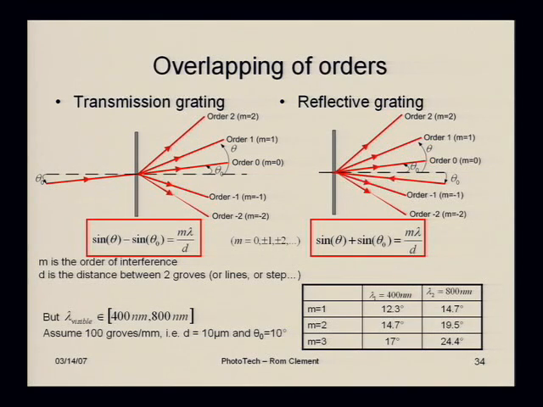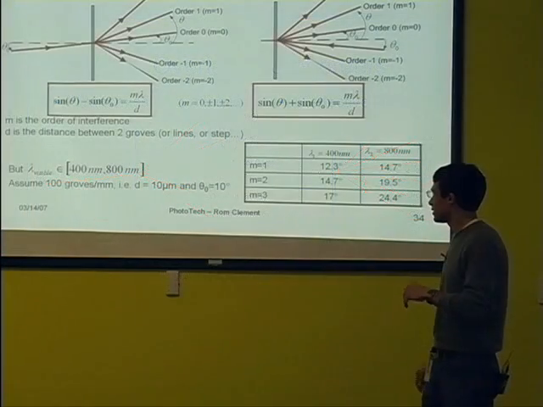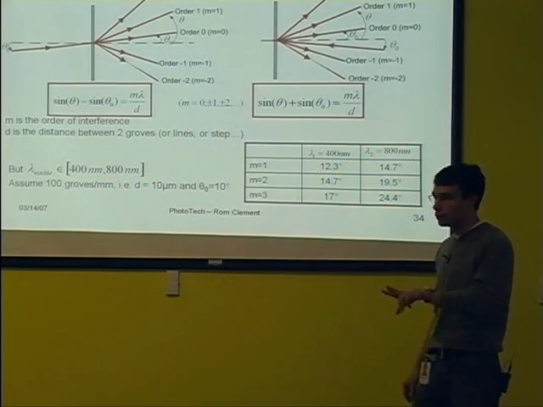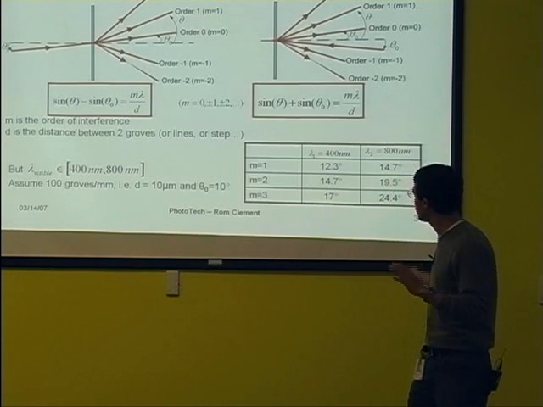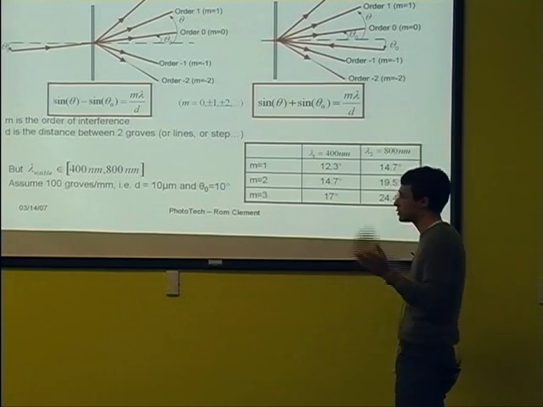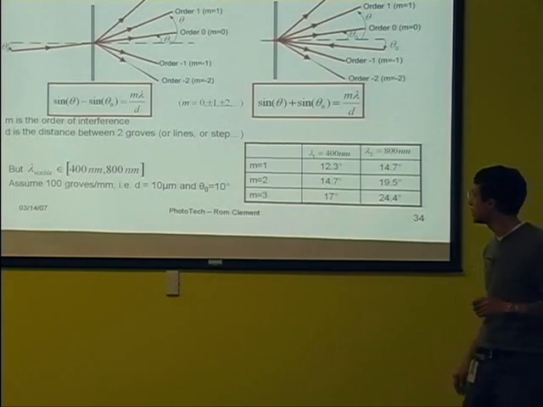But now let's assume that I am looking at a source whose wavelength is within the visible spectrum, and let's consider that I have two wavelengths. So lambda 1, 400 nanometers, and lambda 2, 800 nanometers.